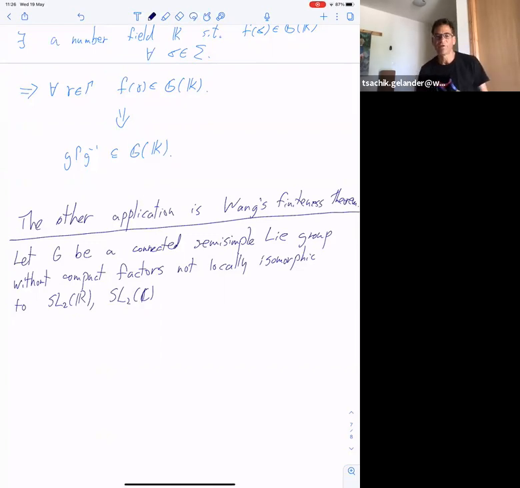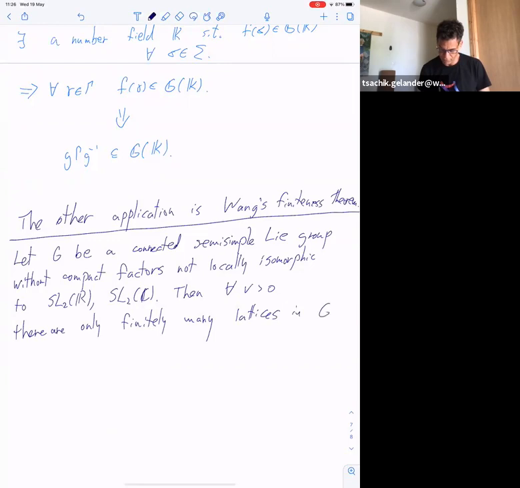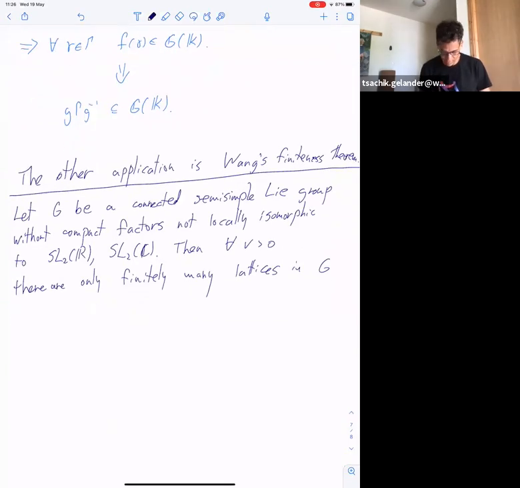For the previous application it was sufficient, but for this one it's not. So I need to assume that it's locally rigid. Then for every positive real number V, there are only finitely many lattices in G of covolume at most V, up to conjugation.